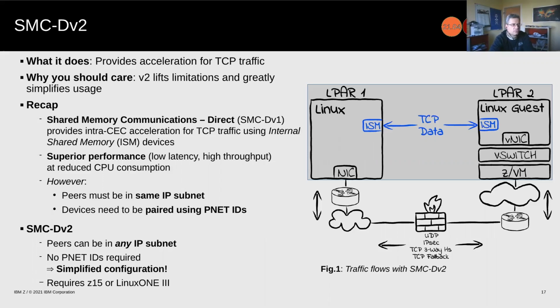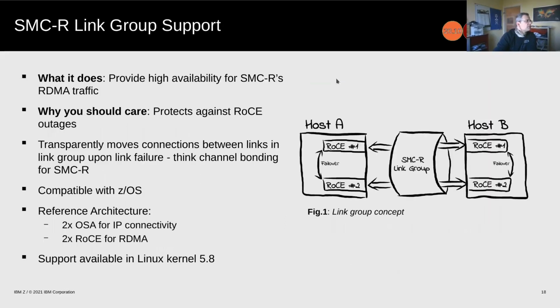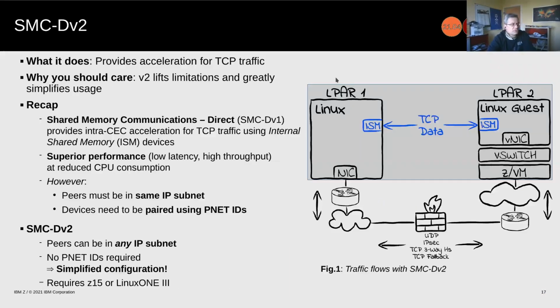And in case you're wondering, there's also SMCR out there, and that shares the same restriction as SMCD version 2 does, in terms of both peers being required to be in the same IP subnet. And that is also getting an update. I don't have a slide in my presentation, because it's just so new.